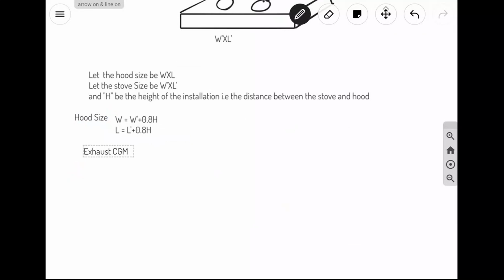To find exhaust CFM, let P be the perimeter of the hood.